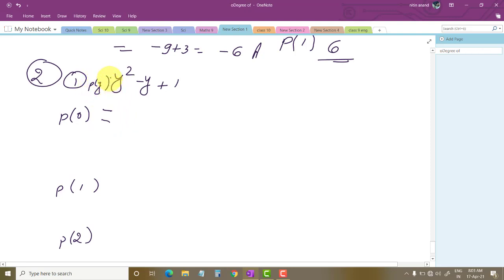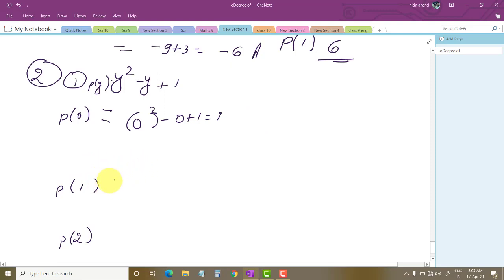Then we will write y square, that means 0 square, minus y, that means 0, and plus 1, that means overall this becomes 1. Then we will write P0 is equal to 1.